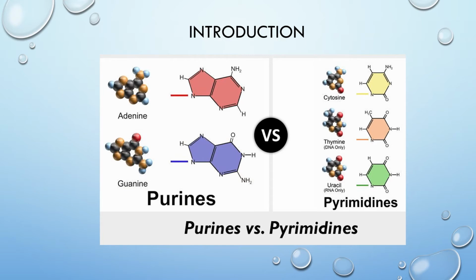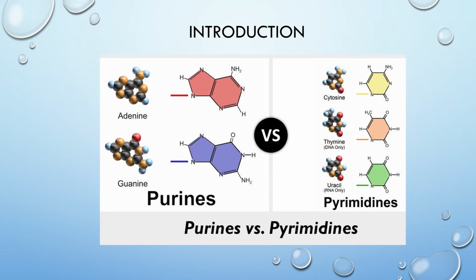These specific pairings also factor into Chargaff's rule. The number of adenines in a DNA molecule will always be equal to the number of thymines. The same goes for guanines and cytosines.